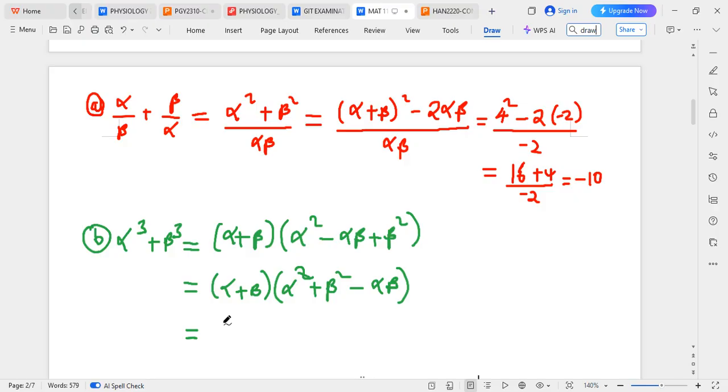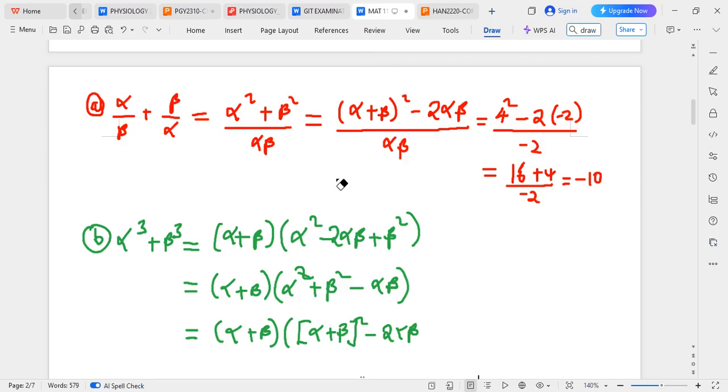Further, this will be alpha plus beta. Remember what alpha squared plus beta squared means? It means alpha plus beta squared minus 2 alpha beta. Now, there's supposed to be a 2 here.